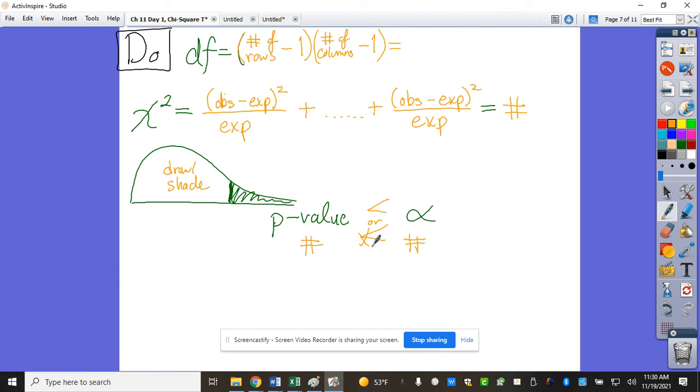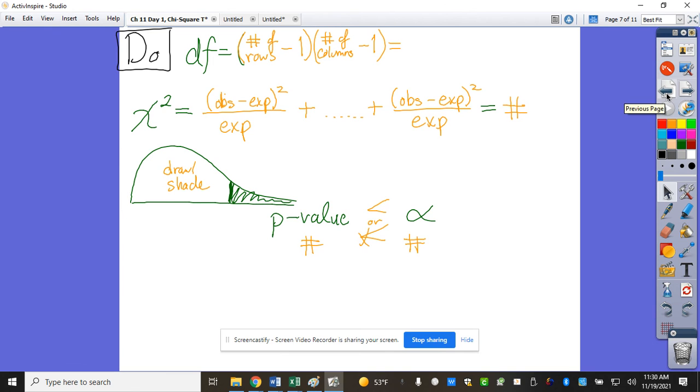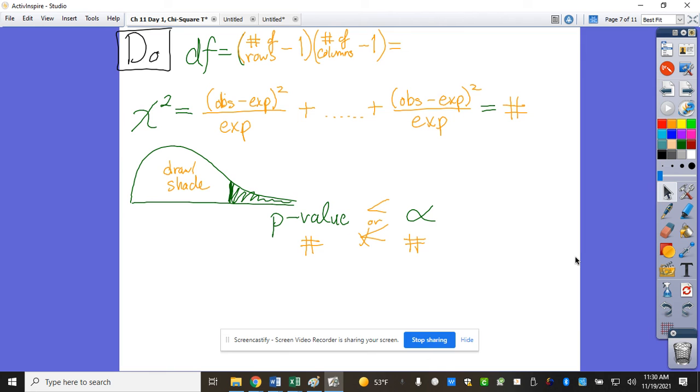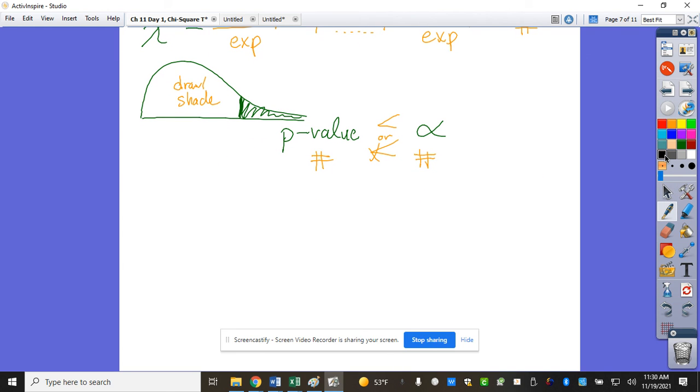And I'm going to write conclude very generic because our null and alternative are so different. But I can just write it generic and not have to fill it in for both. So my conclude, we what?